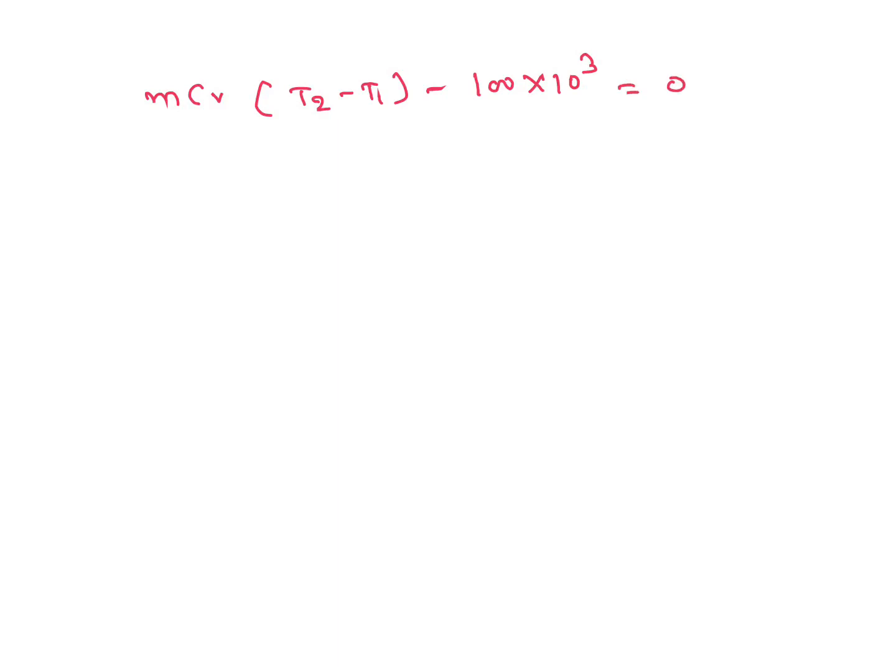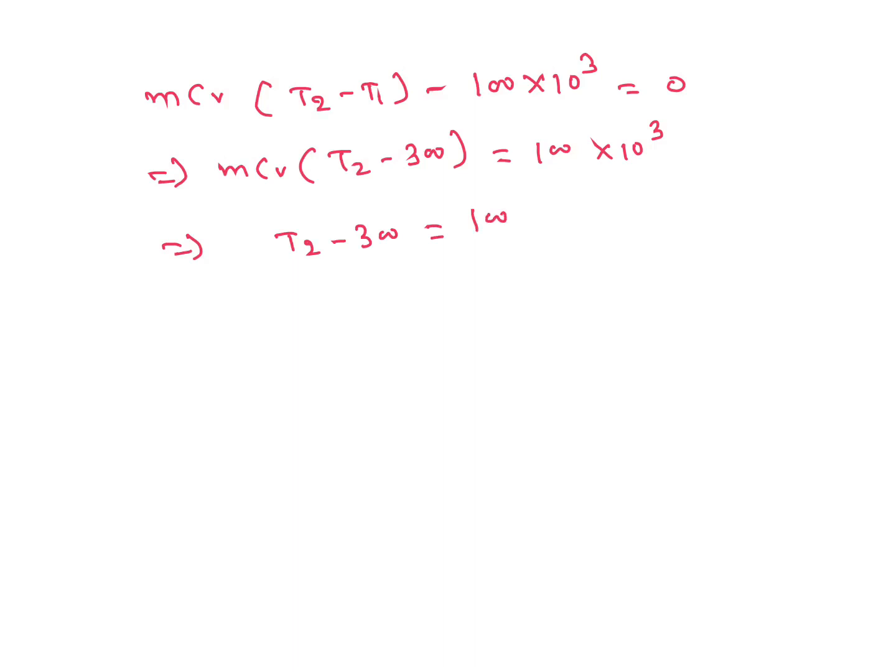So from here you will get m Cv (T2 minus T1), T1 given as 300 Kelvin, equal to 100 into 10 to the power 3. So T2 minus 300 equals 100 into 10 to the power 3 divided by the Cv value, 1 into 10 to the power 3, and they cancel. T2 is 400 Kelvin.